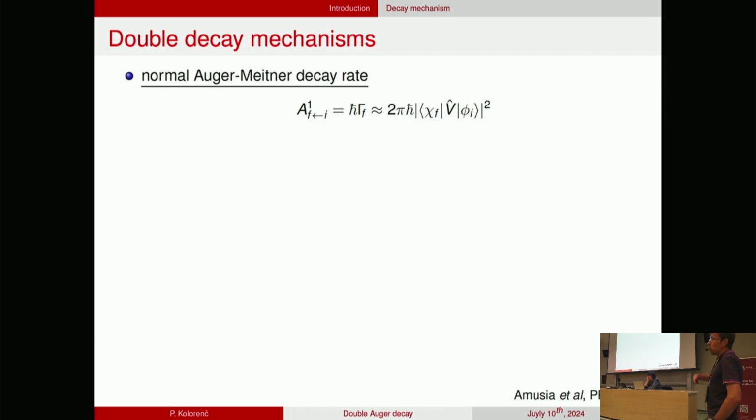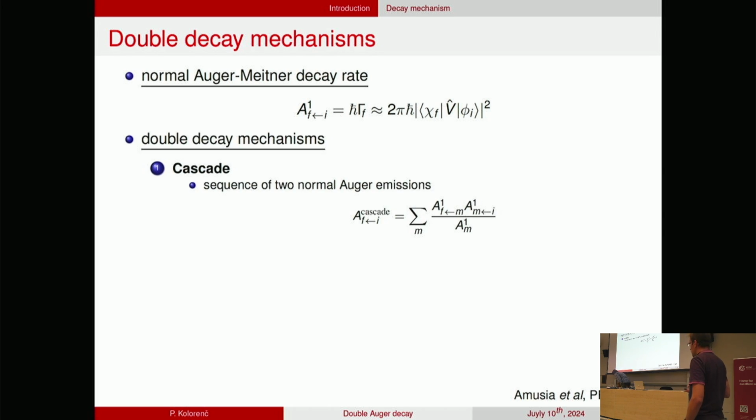And if you go 1 order of perturbation theory higher, you can write a second order expression which will be quadratic in this coupling and will look like a double transition through some intermediate state, but not all of those intermediate states are real, some are virtual, so it's better to reinterpret a little bit, and you will find several possible decay mechanisms.